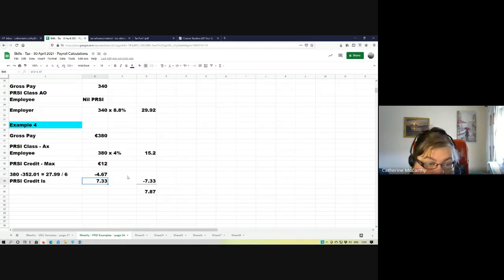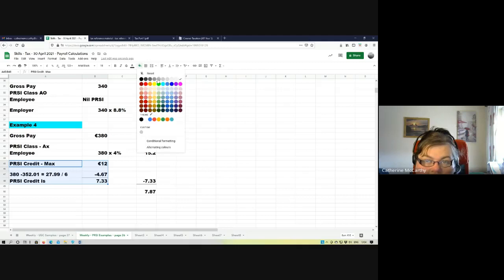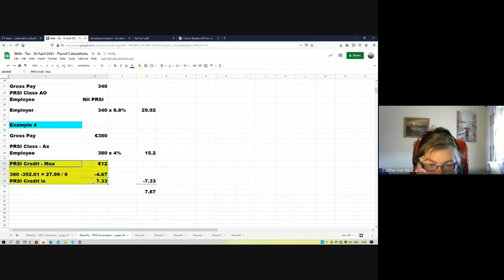We take the max of €12, reduce it by 4.67, and the PRSI credit they will get is €7.33. So we take the 15.20 PRSI, less the 7.33, and that is €7.87.